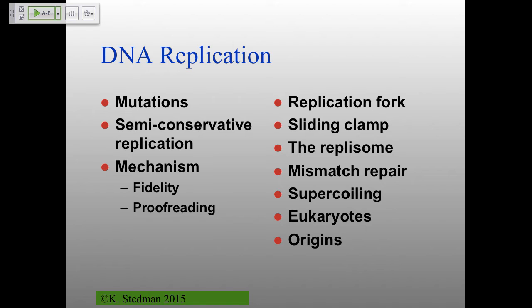And it also raised a couple of problems in terms of how do you copy these two strands when they're so wound up around each other. And in fact, a lot of people at the time, some eminent scientists, some of whom earned Nobel Prizes soon thereafter, thought it was impossible to pull the two strands apart and then make a copy of them. And so we'll look at what those different models were in terms of how DNA could have been being replicated.